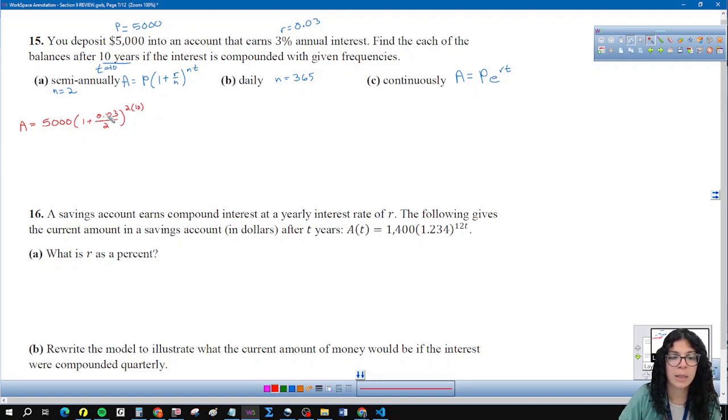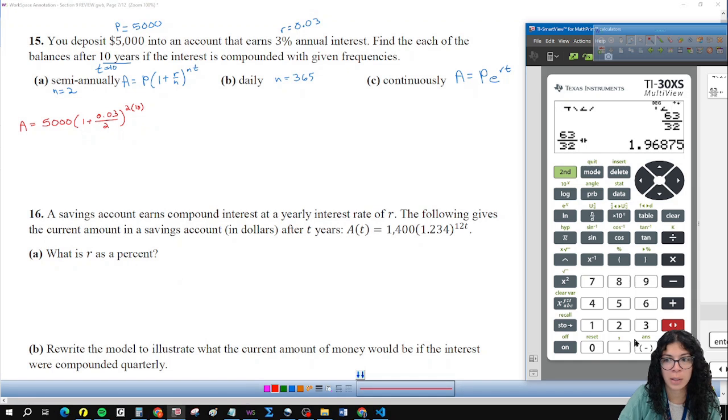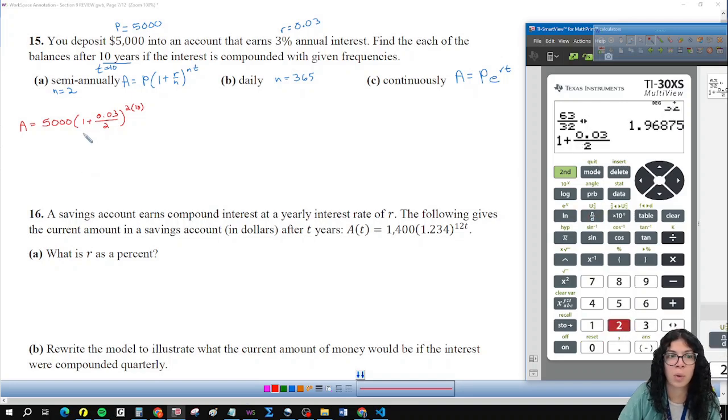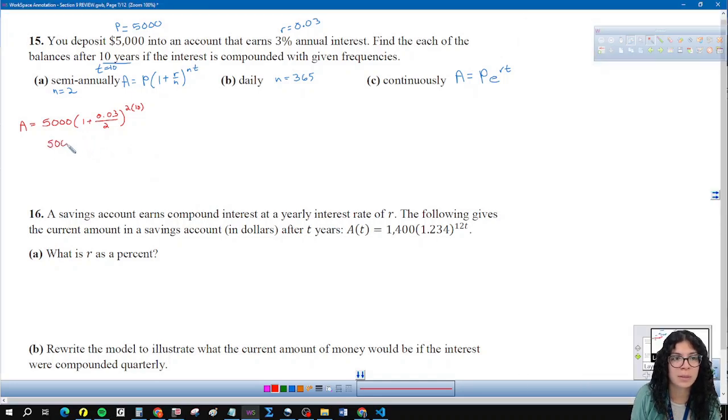So if I simplify in here, which I could use my calculator, 1 plus 0.03 over 2, and notice it's 1 plus the 0.03 is being divided by 2, the 1 is not being divided by 2. So that's 1.015. So it'd be 5,000 times 1.015 to the power of 20.